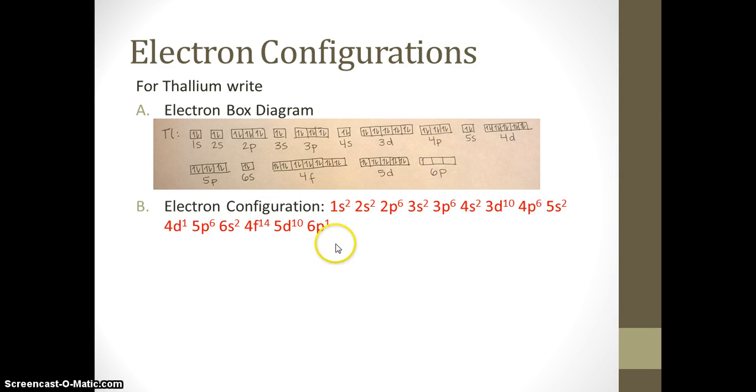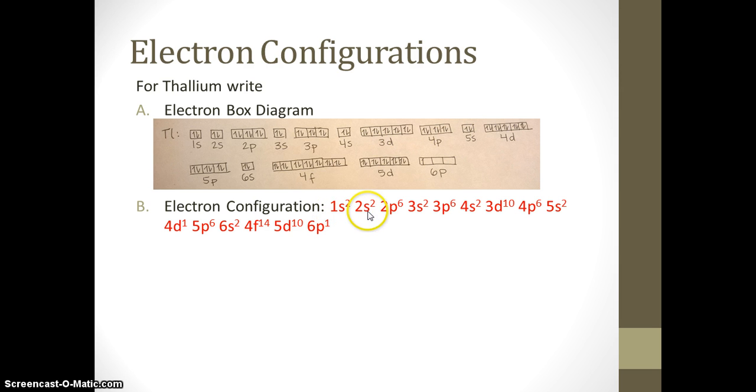So electron configuration, pretty much like the box diagram, but in this case the big number tells me the energy level, then the letter tells me the orbital, and the superscript tells me the number of electrons that I have for each orbital. So hopefully you got something like that. One thing that I want to mention is please follow the order that we have on the periodic table.